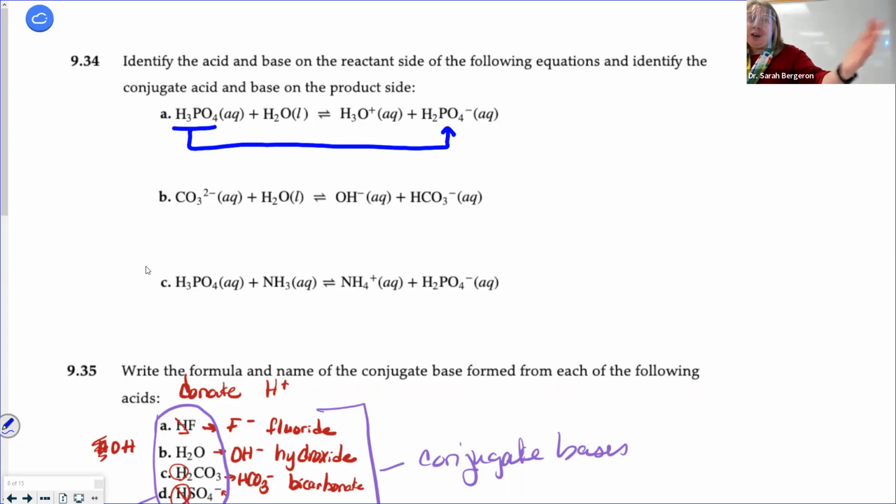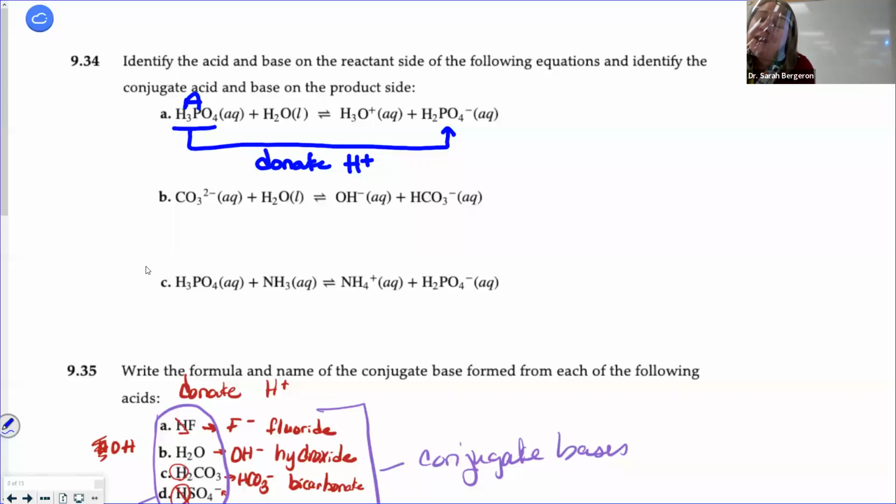It donated a proton. If you donate a proton, if you go from having 3 hydrogens to having 2 hydrogens, what are you? You're an acid.